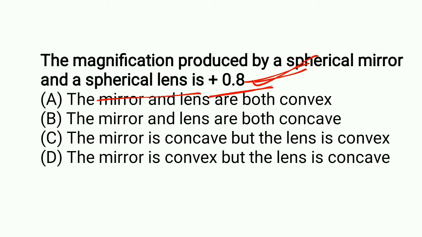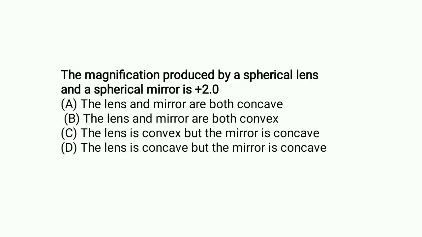In option D, the convex mirror produces an image smaller than the object, and the concave lens also produces a diminished image. So option D is the correct answer.